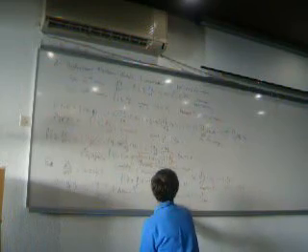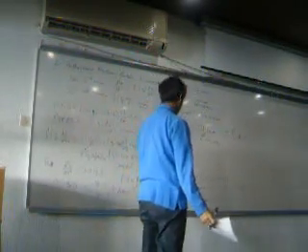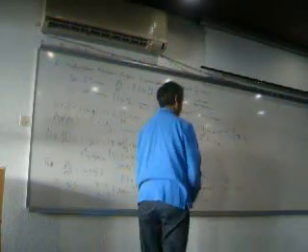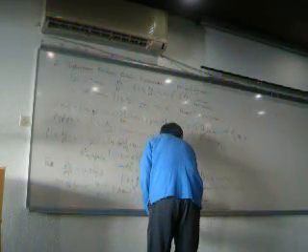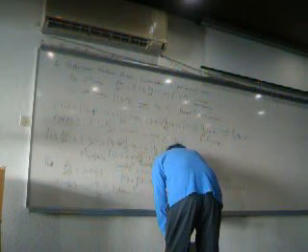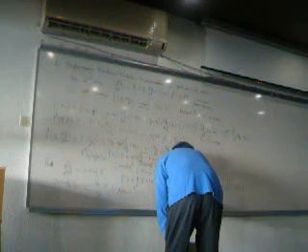This is equal to what? What's this guy? This guy is 0 by definition. Y minus 10 times minus 1. I will leave it like this.